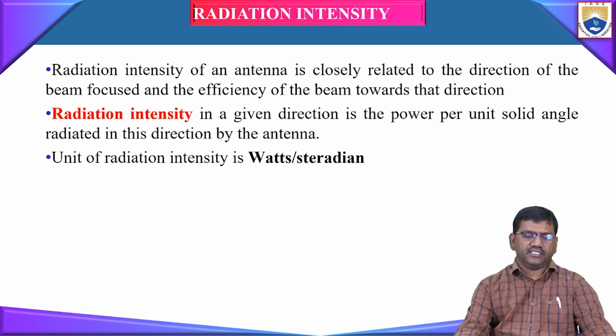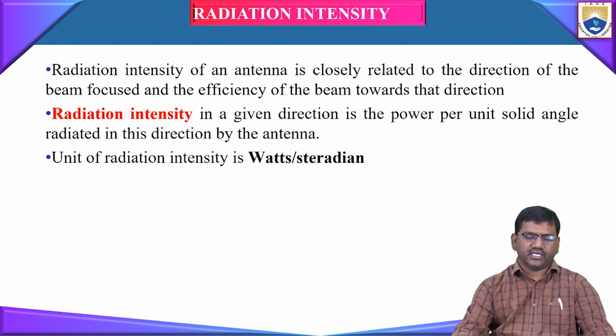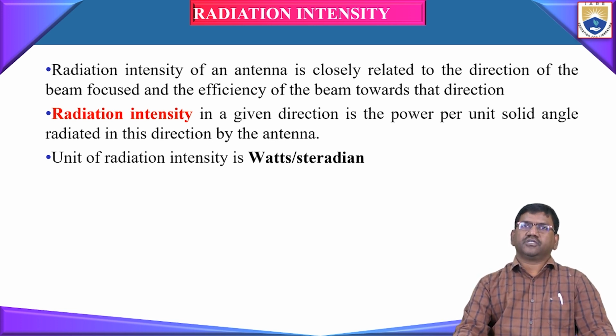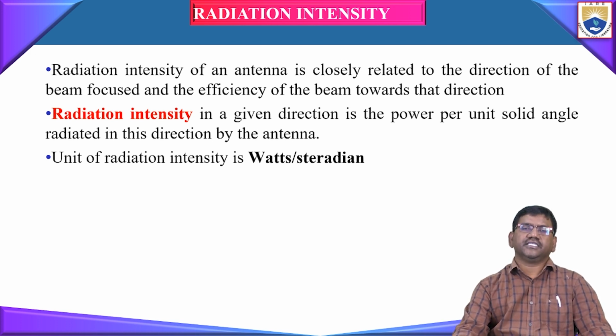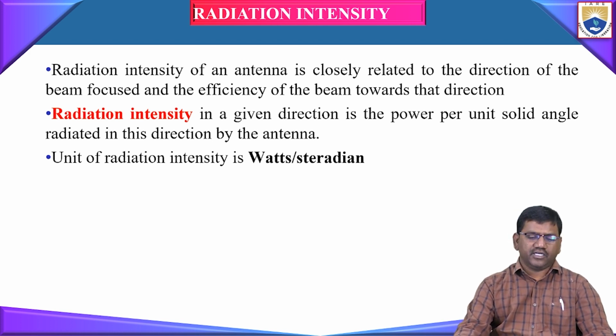The next parameter is radiation intensity. The radiation intensity of an antenna is closely related to the direction of the beam focused and the efficiency of the beam towards that direction. In simple terms, the radiation intensity is defined as the power per unit solid angle.